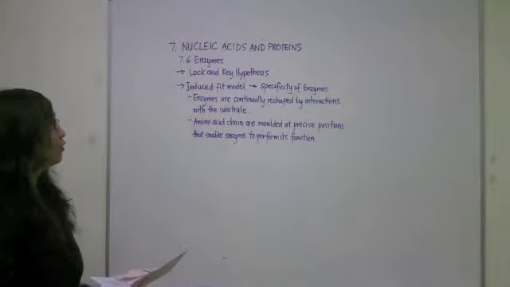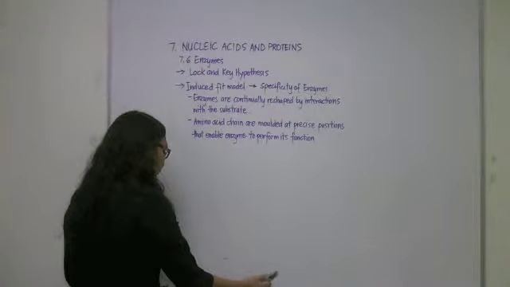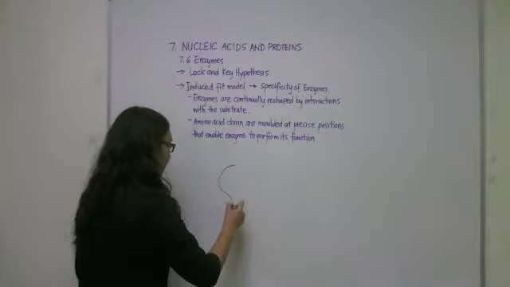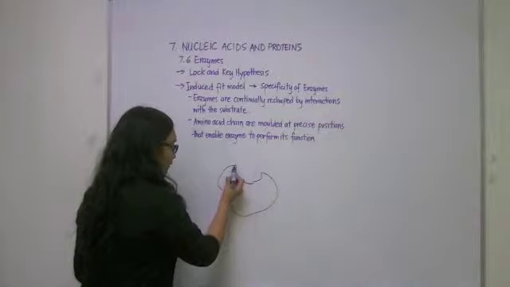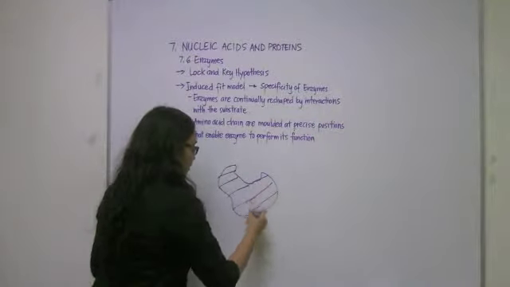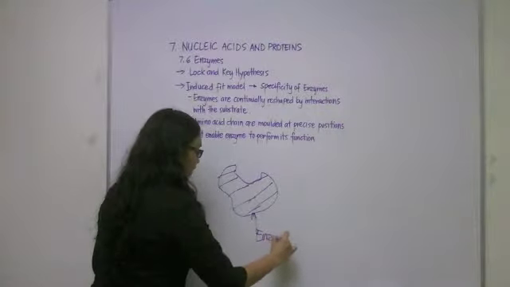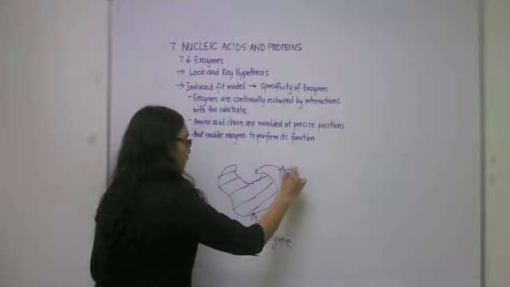Okay, so whenever that happens, for example, we have an enzyme here, and this is our active site. So this is our enzyme, and this is the active site of the enzyme.